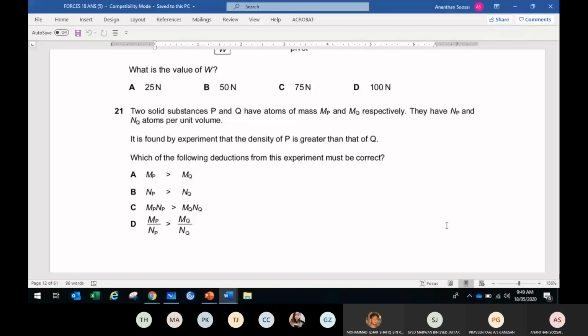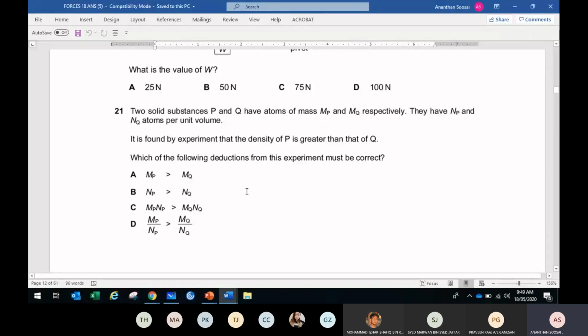NP is the number of atoms per unit volume of P. So which should be the answer? Can you send me the answer? So all of you go for C. How to find this? Okay, all of you got C. C makes sense.